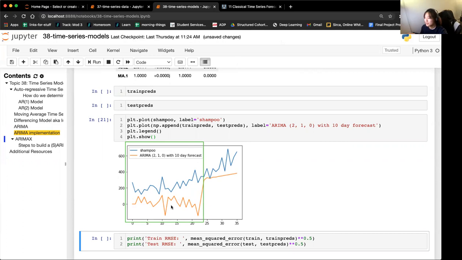You can see the orange line is actually not fitting my blue line very well. That's because when you have a moving average term or a difference term, it's sort of working to get better. So technically this part doesn't really say anything, but when it starts to forecast, it hugs the line better. Any other questions at this point?